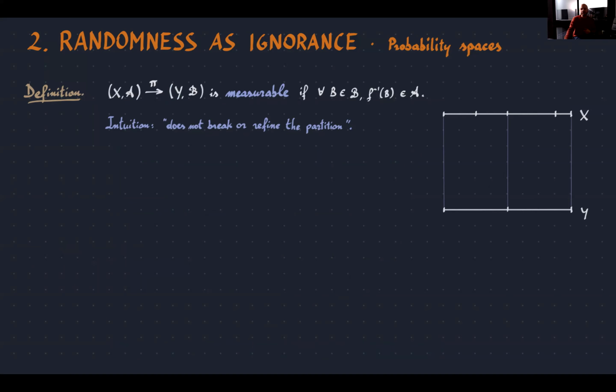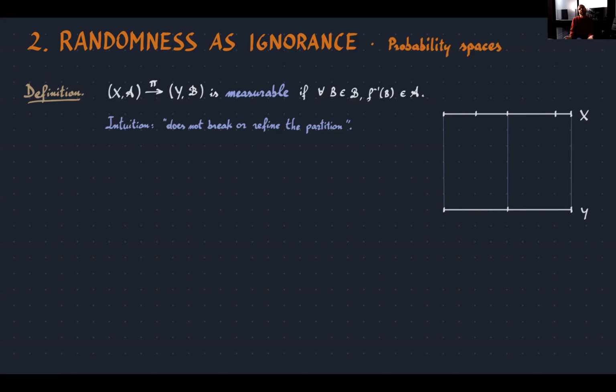Now, a function between measurable sets is measurable if for every distinction in the codomain, its pre-image is a distinction in the domain. So the idea is that it respects the distinctions we were making. It doesn't add any new ones.